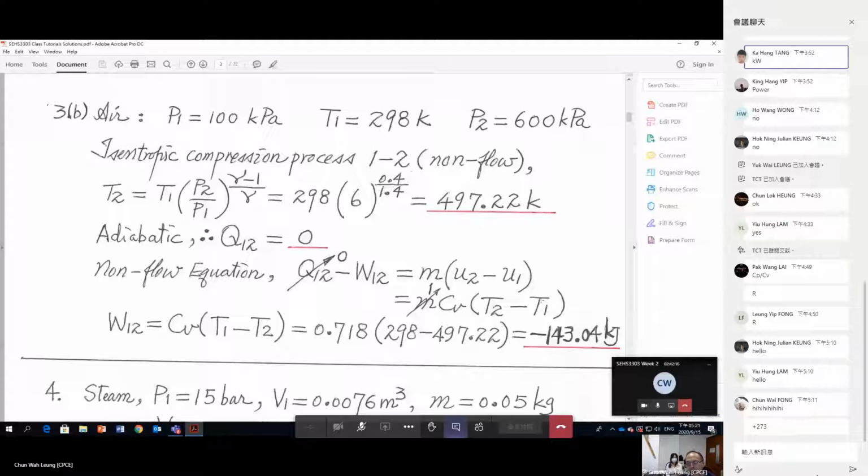And the work done is minus 143.04 kilojoule. Minus a direction. Means that the work is now applying from the surrounding into the system. Negative work. So, finish. Okay. So, any problem about that? Any problem? Please.